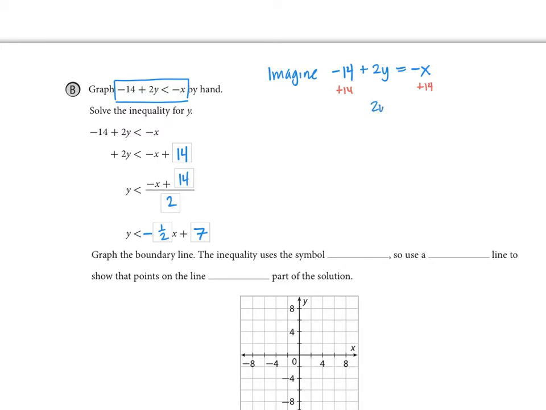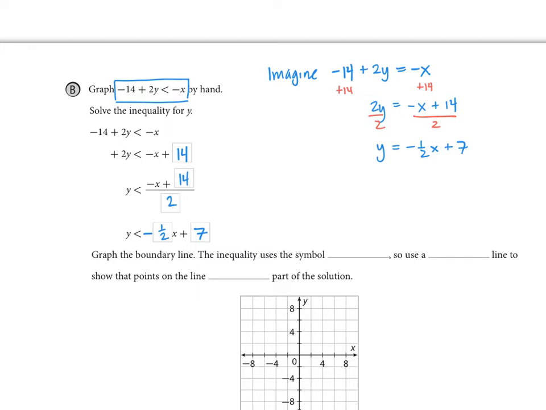So I get 2y equals negative x plus 14. And then when I divide both sides by 2, I get y equals negative 1/2 x plus 7. So now, are you able to graph this?